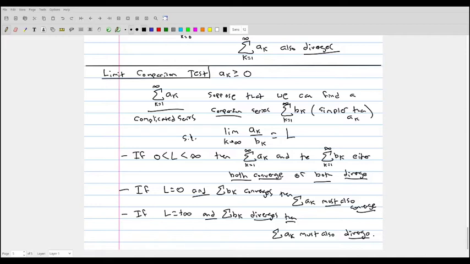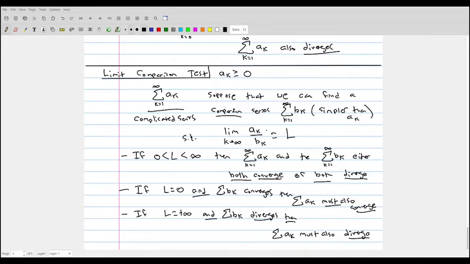In the final case, if this limit is equal to infinity, that means that the terms of bk are growing in some sense much slower than the terms of ak, because if this limit of the ratio is equal to positive infinity, then this is a large number in general for large values of k. In which case bk is growing a lot slower than ak is.